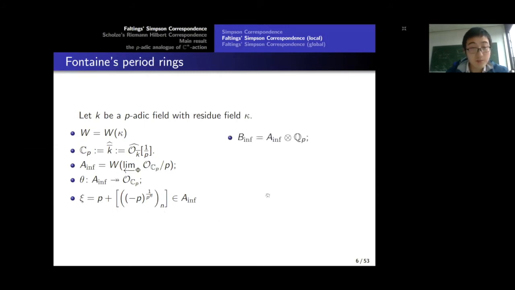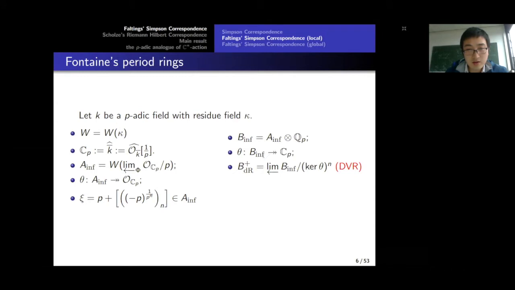We can define B_inf just by adding the inverse of p to A_inf. And this theta can be extended to a surjective map from B_inf to C_p. Then we get the completion of B_inf with respect to the kernel of this theta.